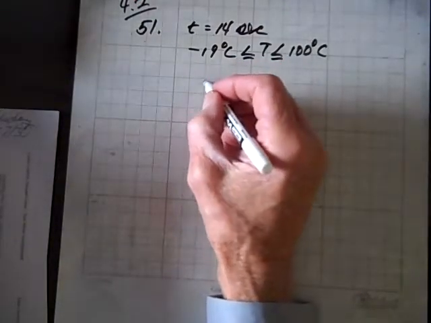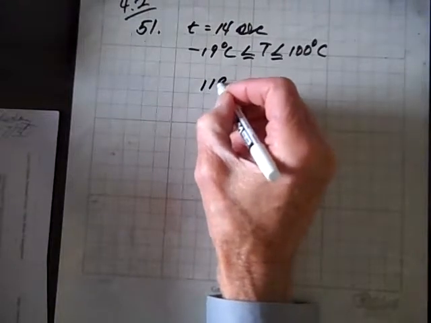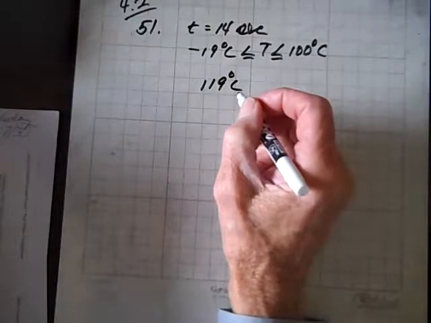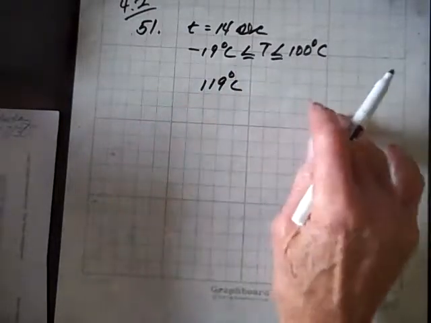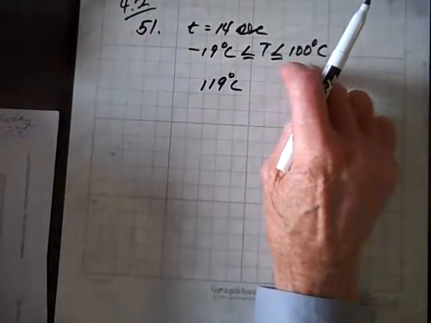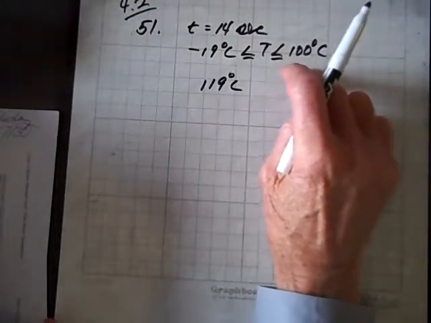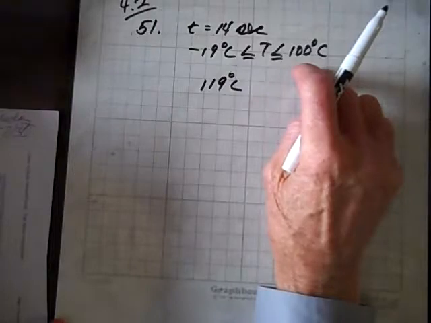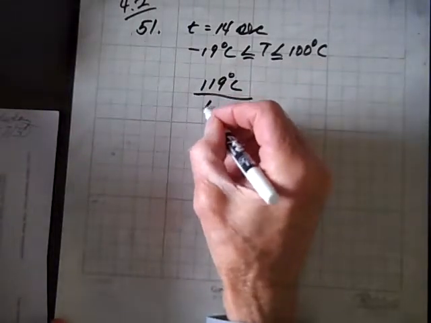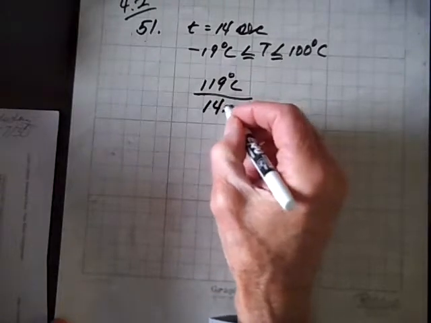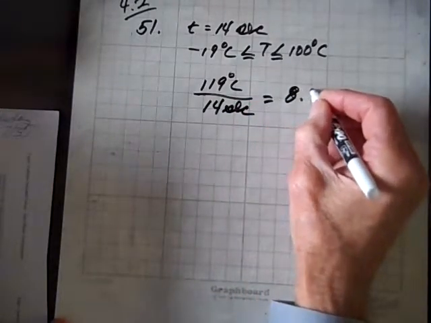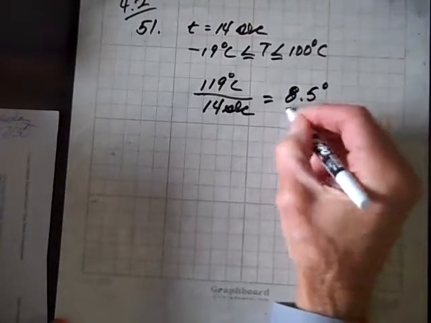So let's take 119 degrees Celsius. It went up 119 degrees in terms of Celsius, and we'll divide by 14 seconds, and it turns out that equals 8.5 degrees per second.